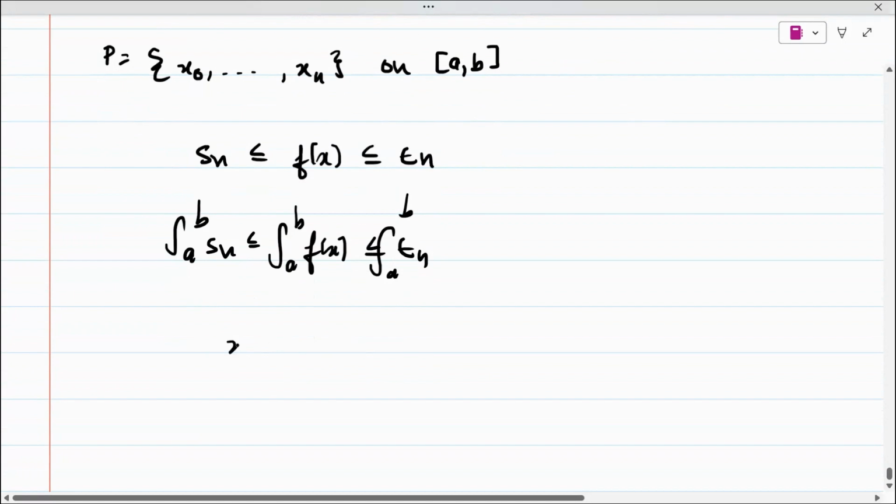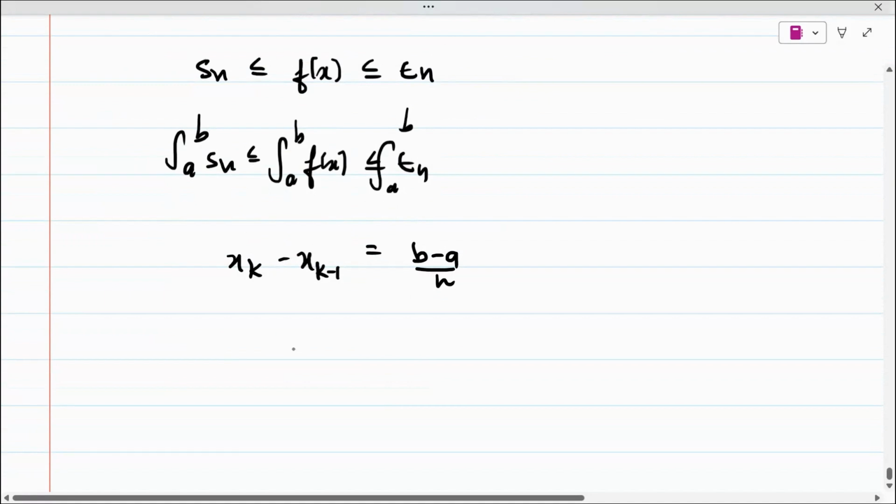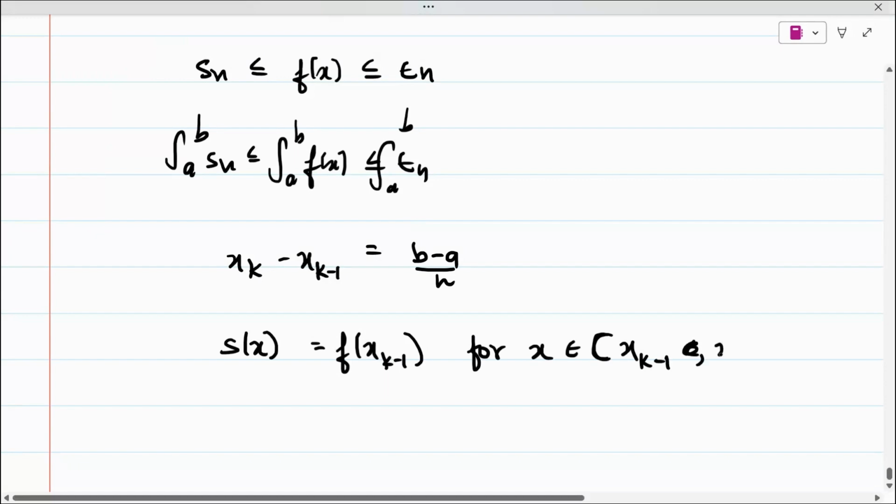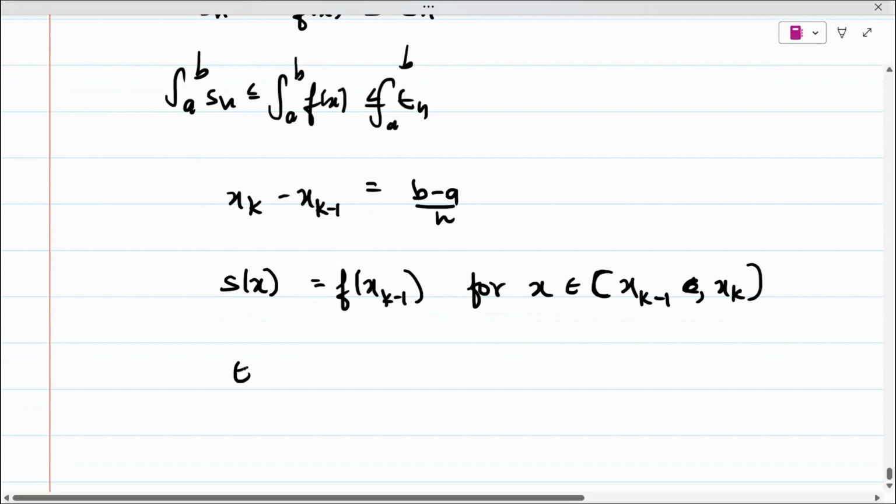Also let the partition locate subinterval length equal to (b minus a) by n. So then s of x is defined such that this is f of xk minus 1 for x in the open interval xk minus 1 to xk, and t of x equals f of xk.